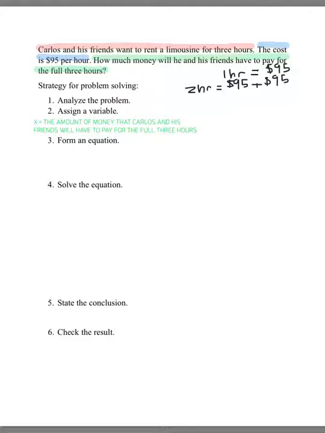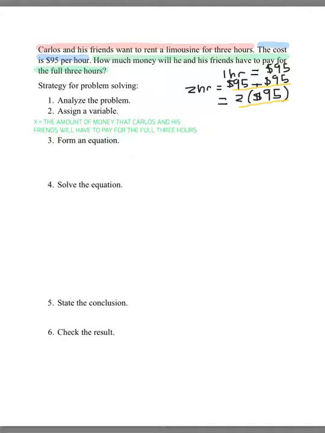Another way to rewrite that is 2 times $95. These two statements are the exact same thing: 95 plus 95 is the same as multiplying 95 by 2.